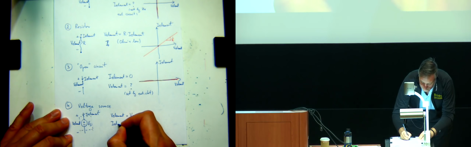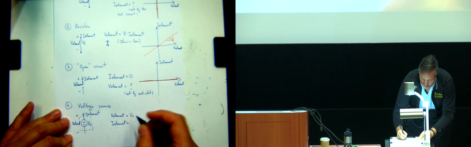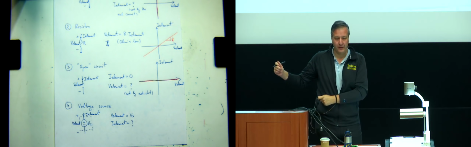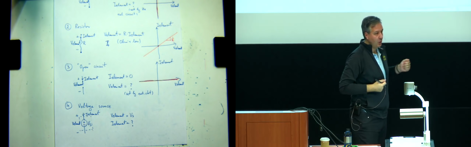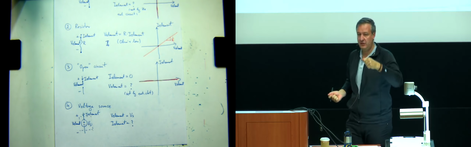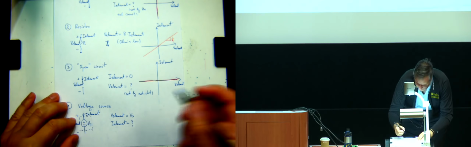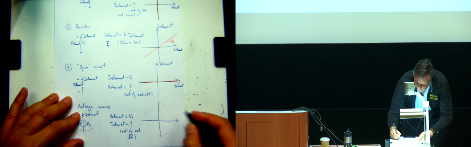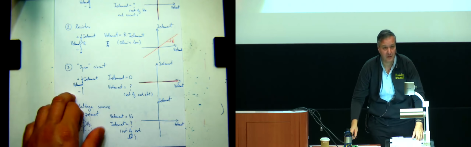And I element is going to be anything. Again, set by the outside circuit. This means this voltage source is so powerful it can handle any current while it's putting out this voltage Vs. So again, this is set by external circuit. Okay, and the relationship for IV is what?